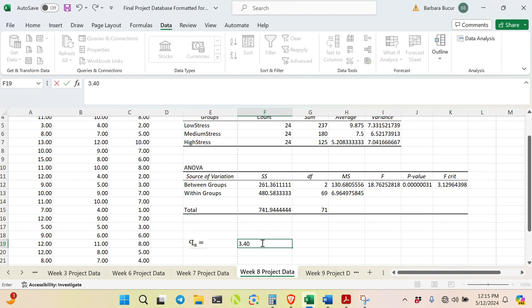So the studentized statistic is 3.40. And then we're going to need our mean square error. And so our mean square error is 6.96.